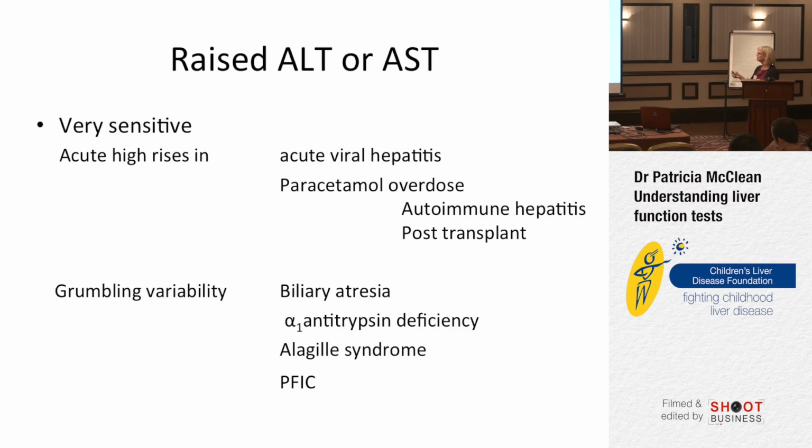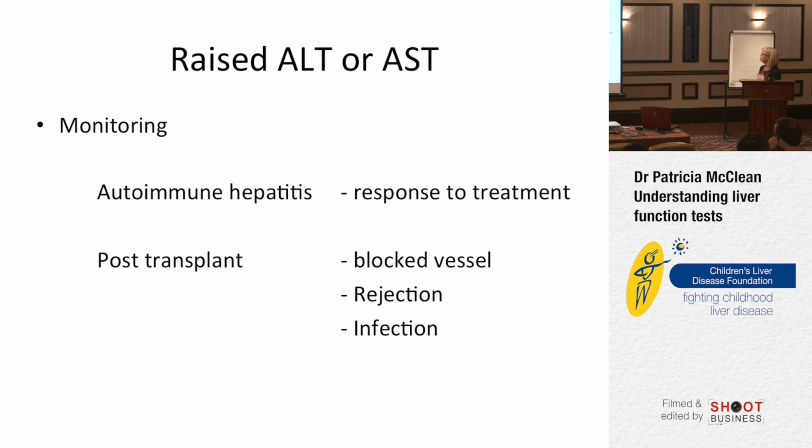And similarly with alpha-1 antitrypsin deficiency or Alagille syndrome and PFIC, a lot of these conditions, you'll just have that slight grumbling rather than very high peaks that you might get in these acute infections. And in those conditions, they don't always tell us very much about the progression of the liver disease.